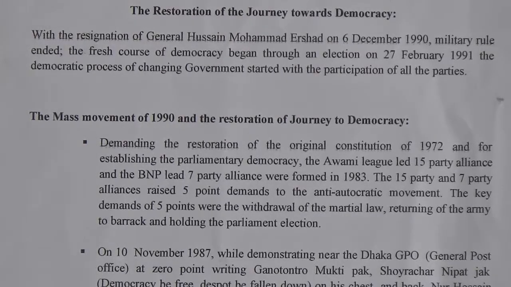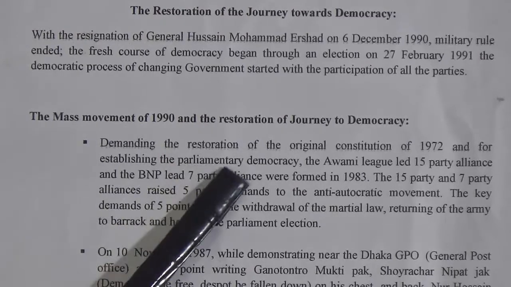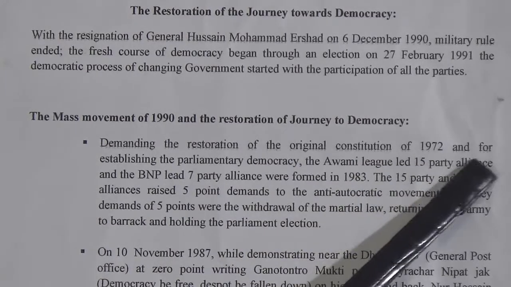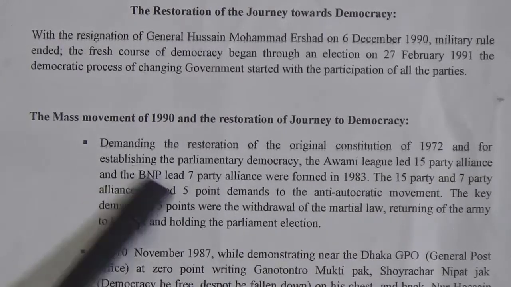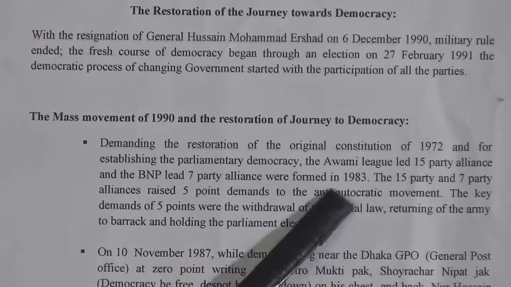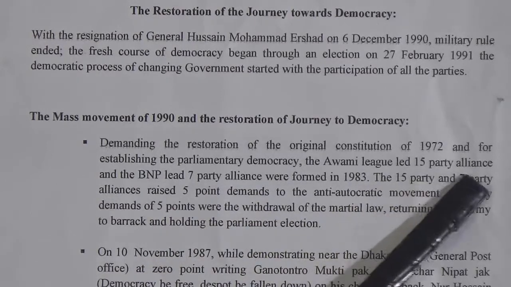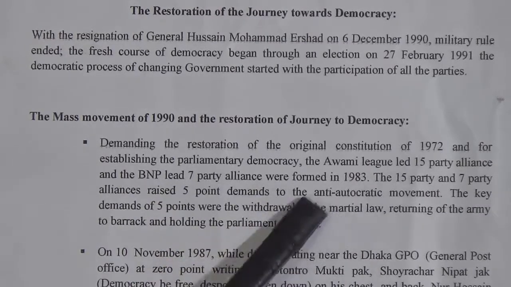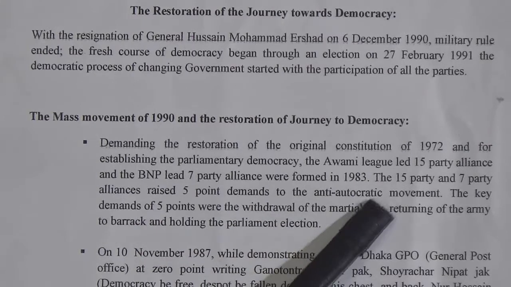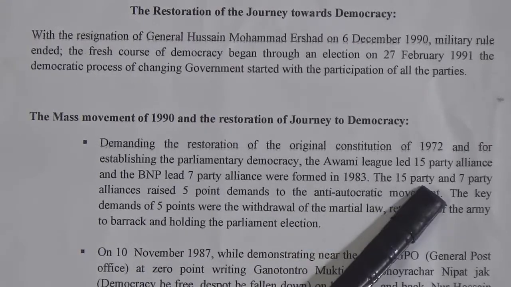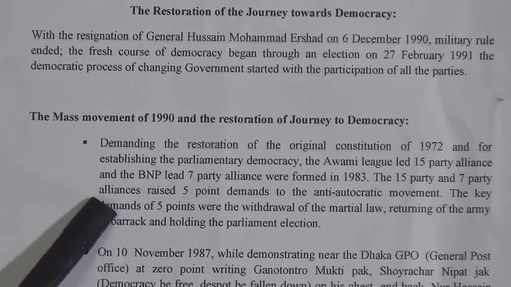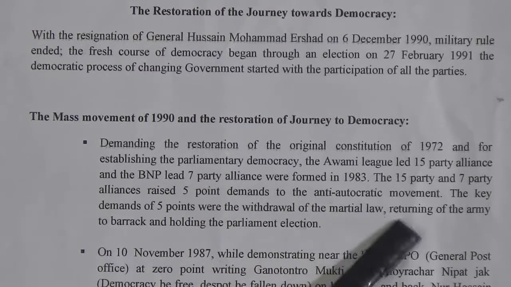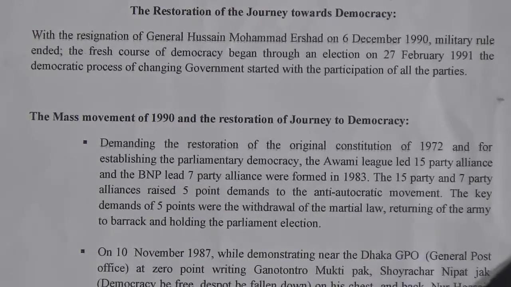Demanding the restoration of the original Constitution of 1972 and the establishment of parliamentary democracy, the Awami League-led 15-party alliance and the BNP-led 7-party alliance were formed in 1983. The 15-party and 7-party alliances raised 5-point demands to the anti-autocratic movement.